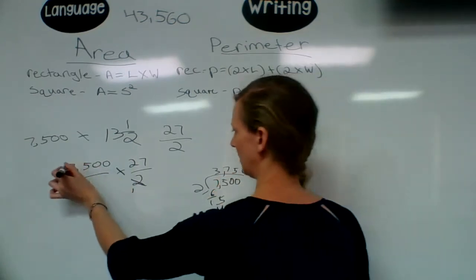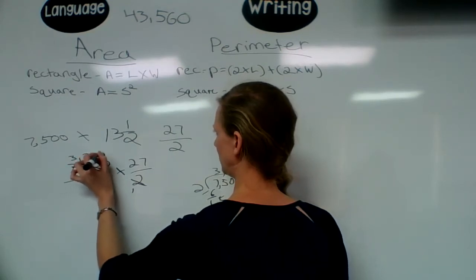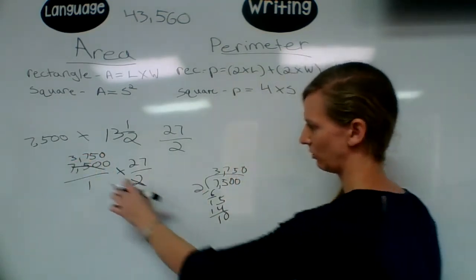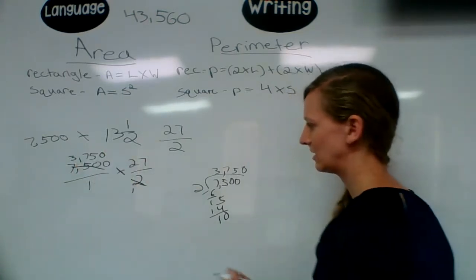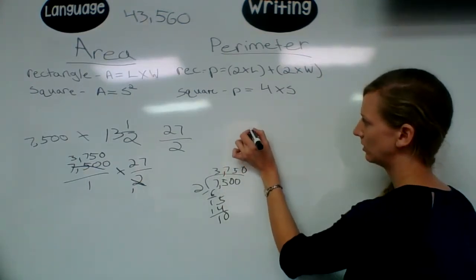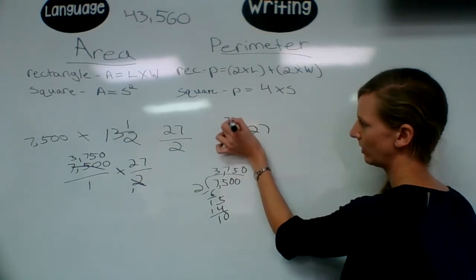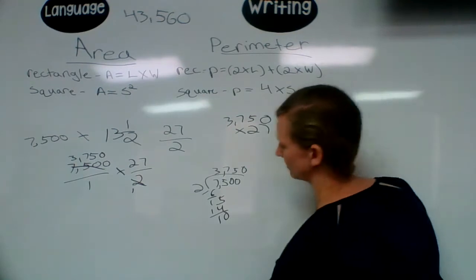So this becomes 3,750. Still a big number, but a little bit easier to work with. So now you want to do, it's over 1, so you know it's going to equal itself. So now you do 27,000 times your top number there. So 27 times 3,750.